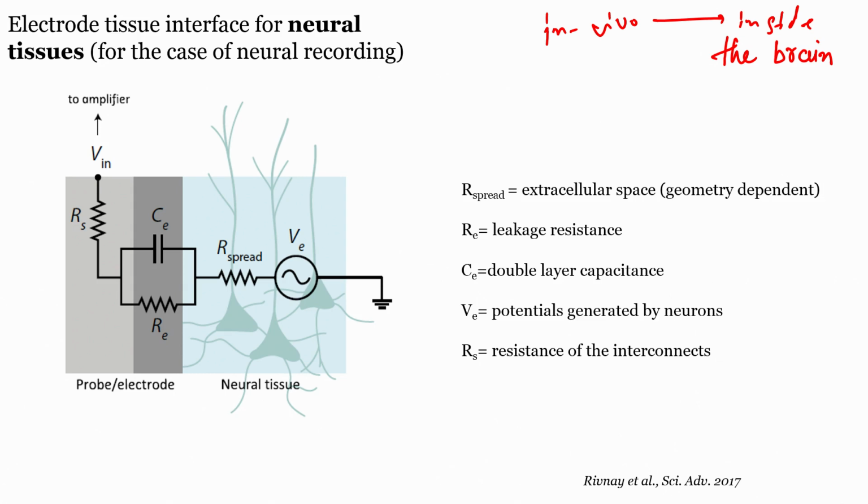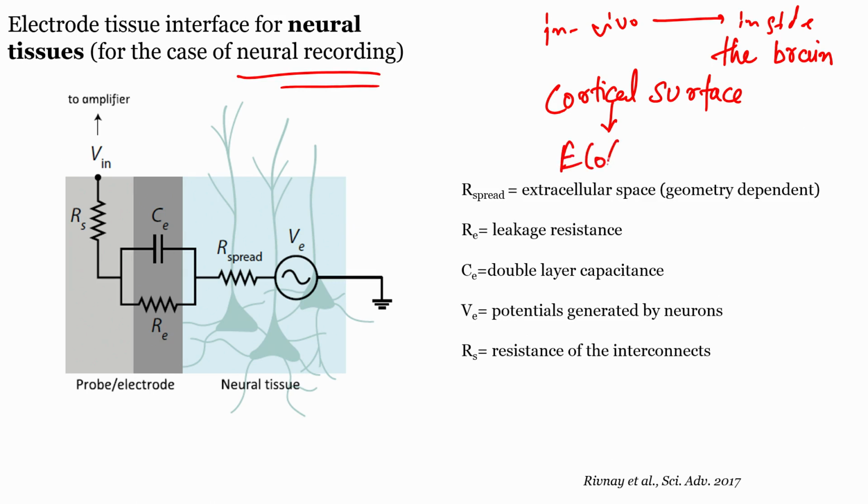So the standard operating procedure would be to perform a surgery and then create an opening and then expose the cortical surface. And the signals that you will record from a cortical surface, electrical signals, also called neural recording from a cortical surface, is called ECoG, or electrocorticography.